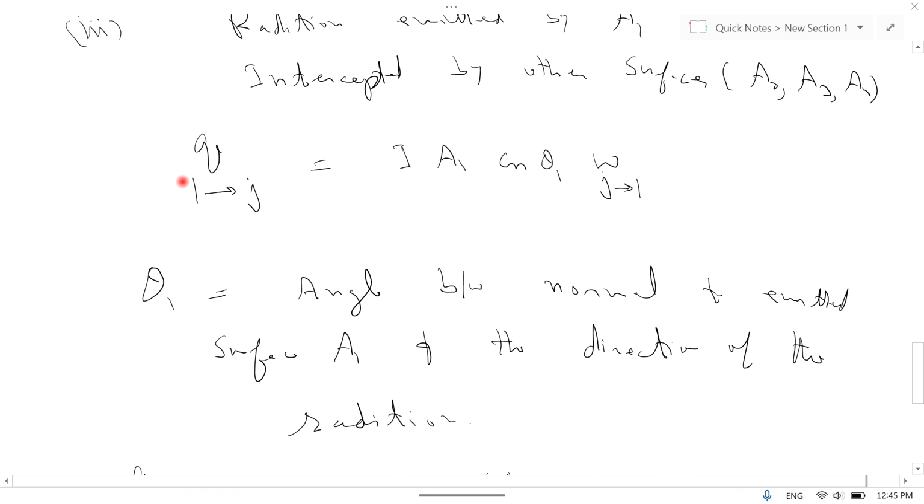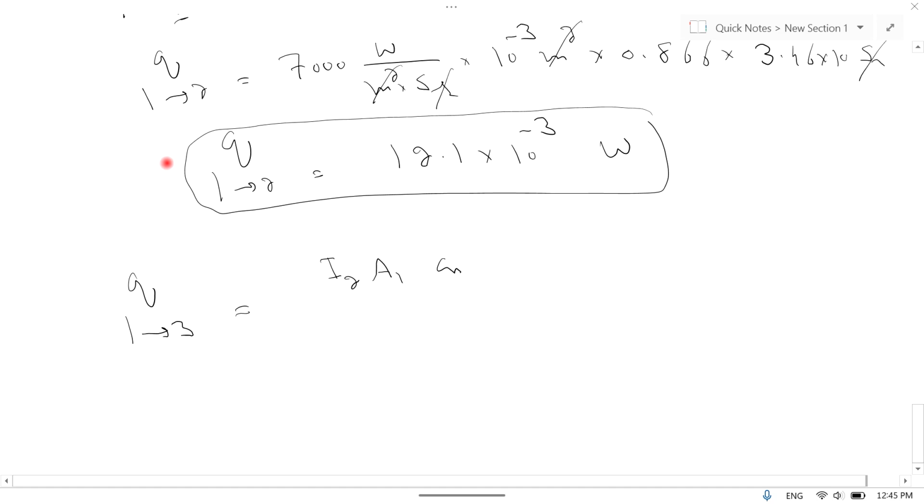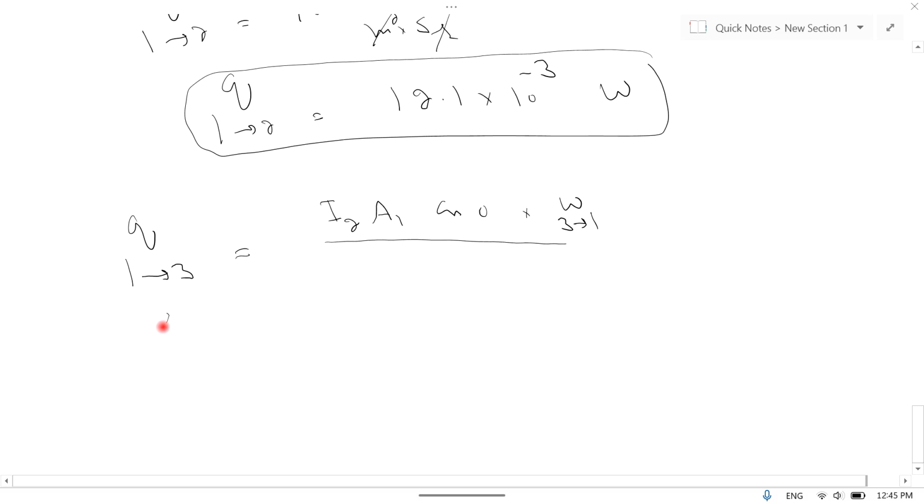In this case it is cos 0 into the solid angle between surface 3 and 1. This is the formula. So Q from 1 to 3, I1 is equal to I3, I2 is equal to I3. So this is 7000 watt per meter square per steradian. Cos 0 is equal to 1.